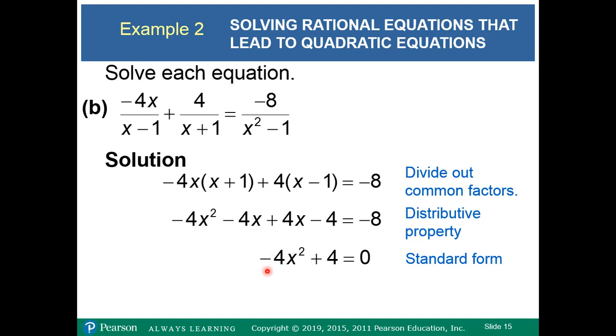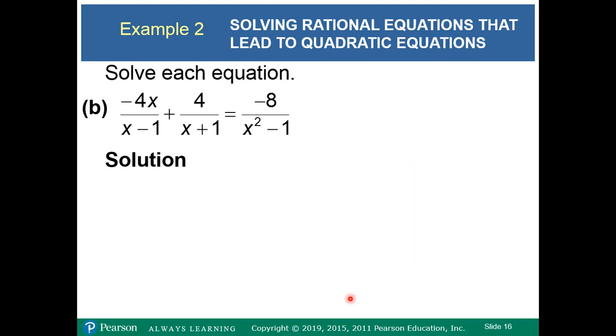We'll factor out a negative 4, and this will reduce to x squared minus 1. Now you just solve, and you get x is the square root of 1, plus or minus, which gives you plus or minus 1.